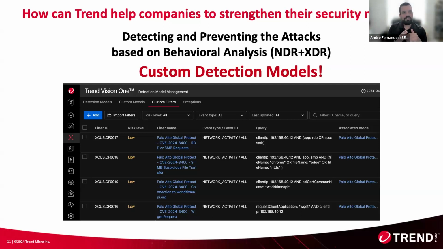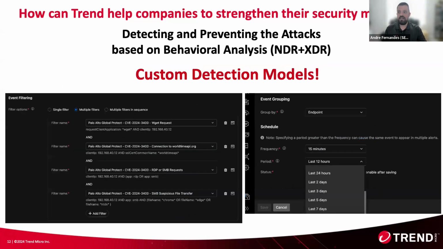But again, each of these behaviors is separate, and if you're just looking at these isolated activities, they're not something bad. As you can see here, the risk level shows a low risk. But as soon as we combine these four actions into a custom detection model, like what you can see here, then Vision One can help you monitor for this abnormal behavior. So if your Palo Alto devices start executing these kinds of activities, Vision One can detect it.